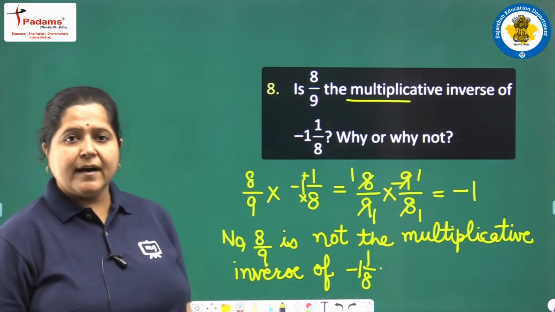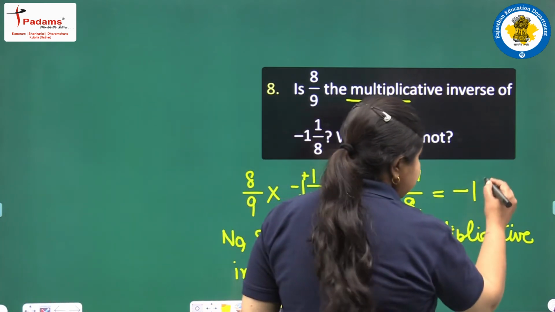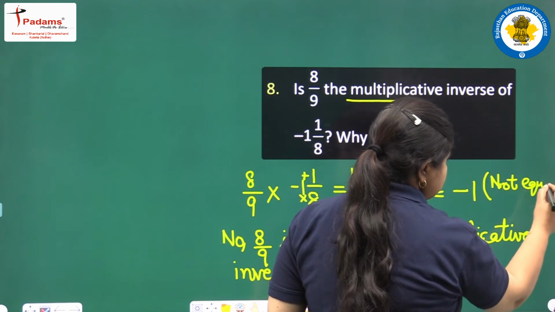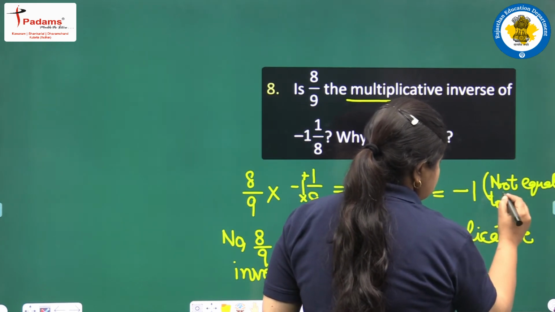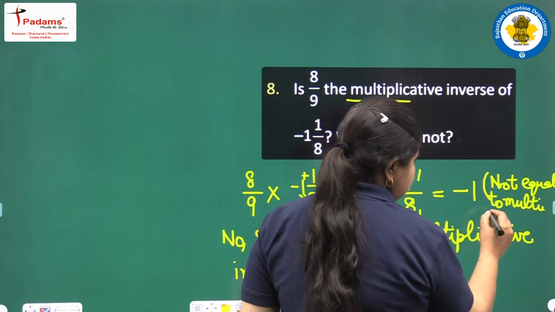This is the answer. We are not getting the multiplicative identity. Here you can write not equal to multiplicative, you can complete the word identity.